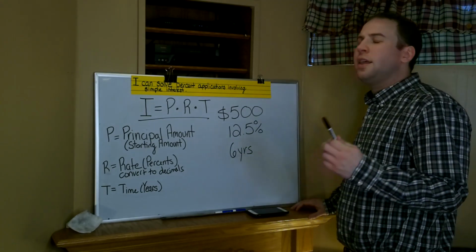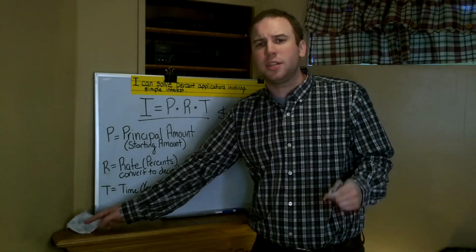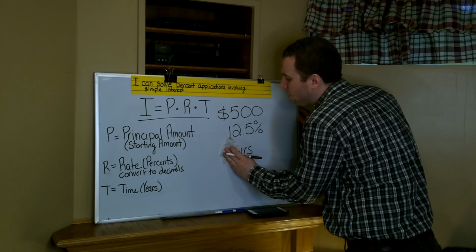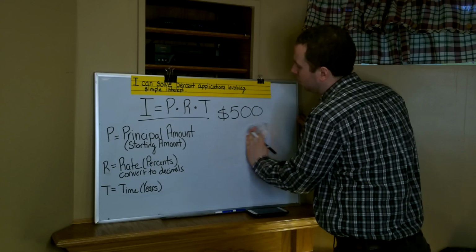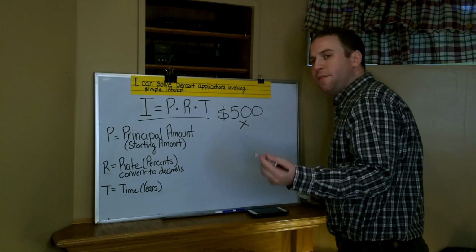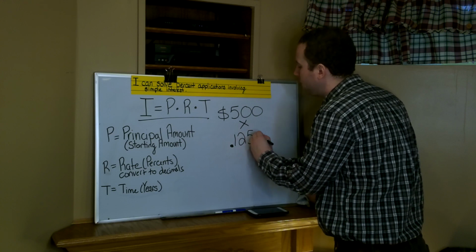Now, if we hold on to that $500 on that credit card for 6 years, let's figure out how much interest is going to be accumulated on top of what we already have to pay. So first things first, we multiply 500 times 12.5%, which would become, if we change it to a decimal, 0.125.